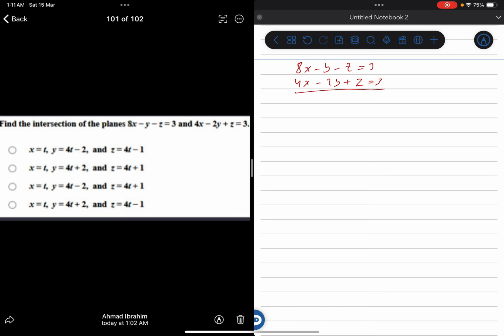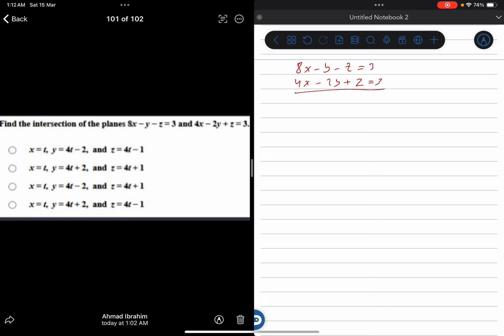So we can notice that nothing will happen if we subtract these equations because it would not help anymore.